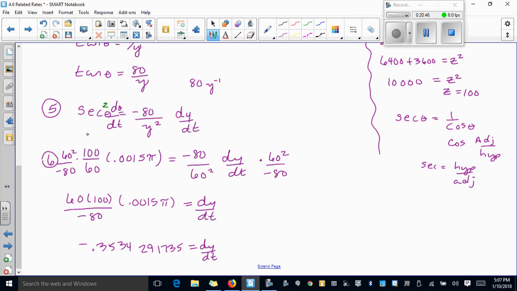This is the number. That's the only thing you have to really cancel out is the number that we got right there. So 100 squared divided by 80 is 125. Multiply it by the 0.0015 pi. We get negative 0.5890486, yada, yada, yada.